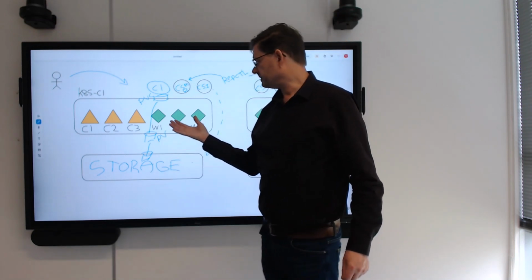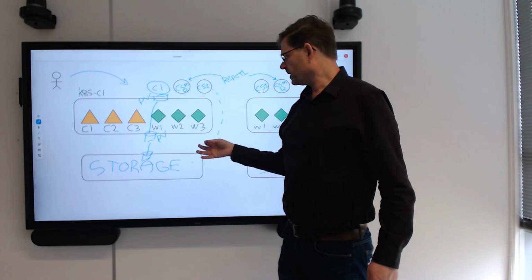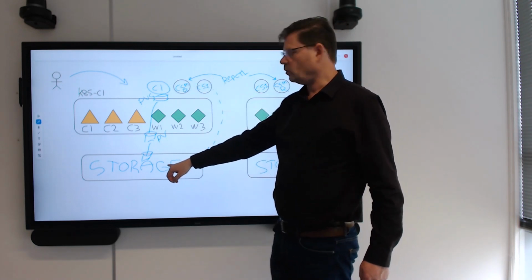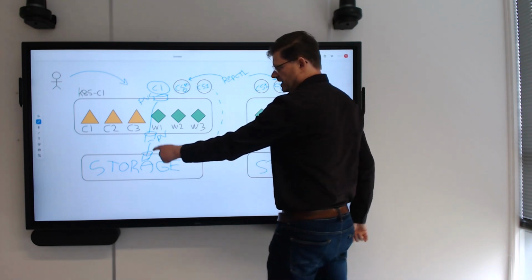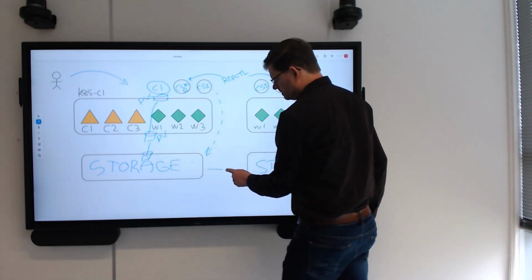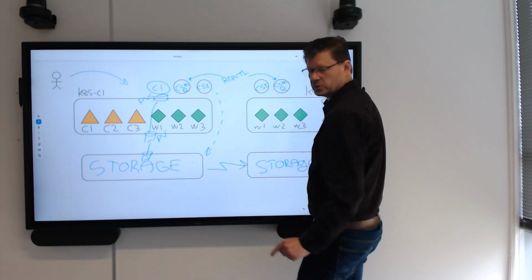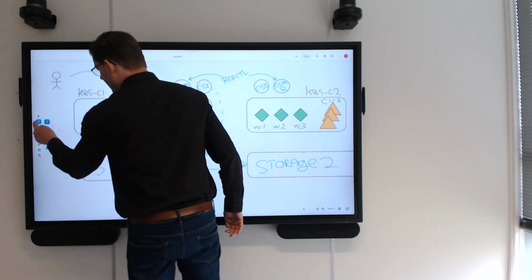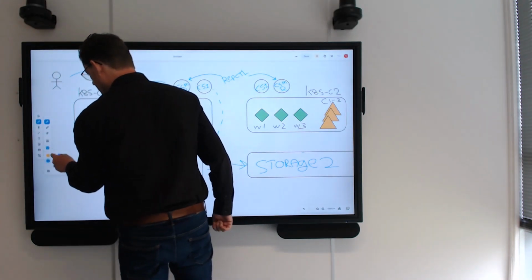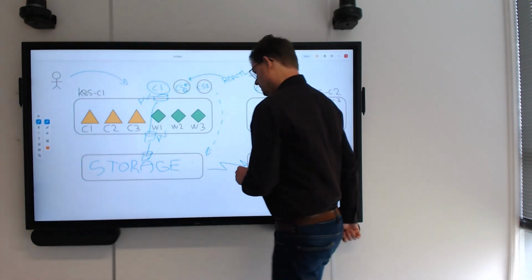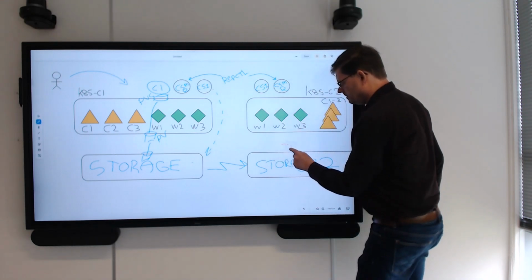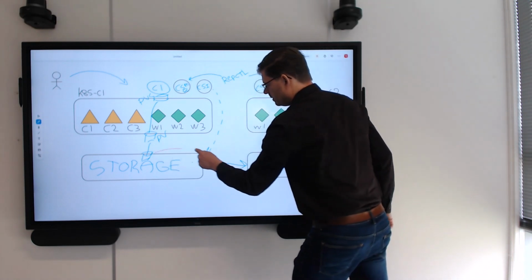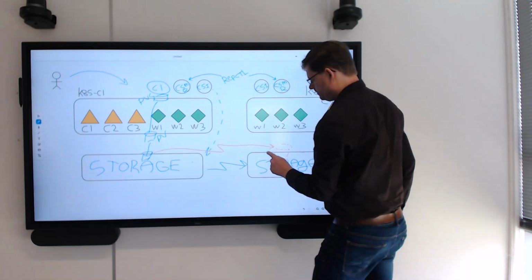No, he specified the replicated storage class, which means that CSM will spring to life and understand that this storage class is replicated, which means there's replication going on between these two storage arrays, and now it is capable of replicating this volume to the other side. So this volume now gets replicated in here.